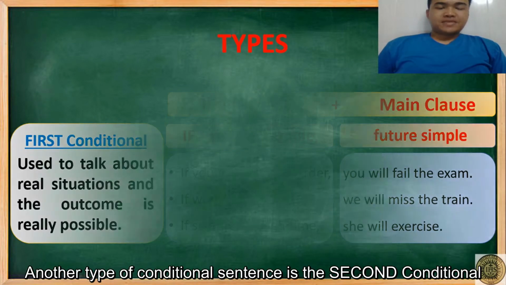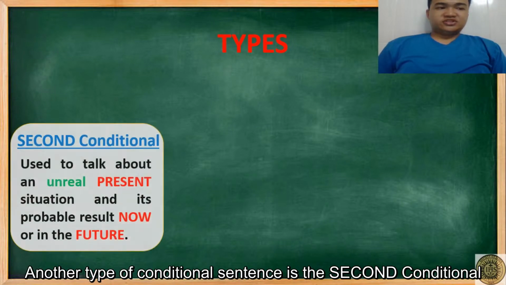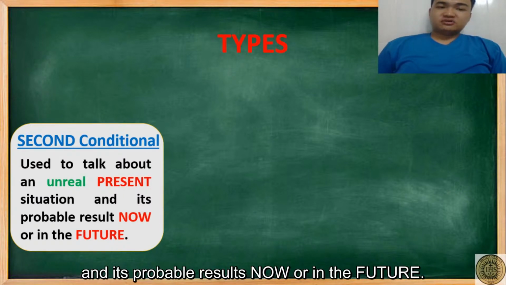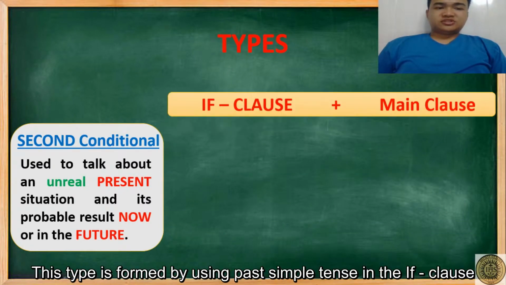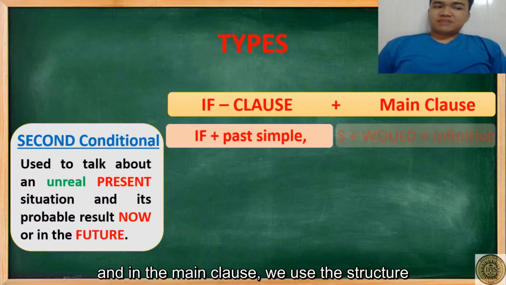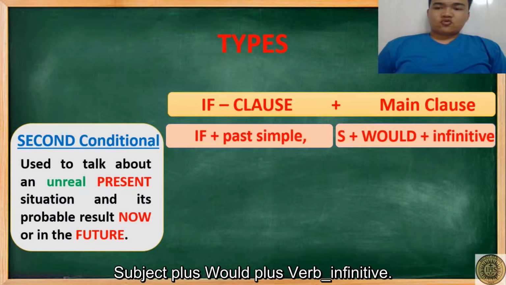Another type of conditional sentence is the second conditional, which we mainly use to talk about an unreal present situation and its probable result now or in the future. This type is formed by using past simple tense in the if clause, and in the main clause, we use the structure subject plus would plus verb infinitive.